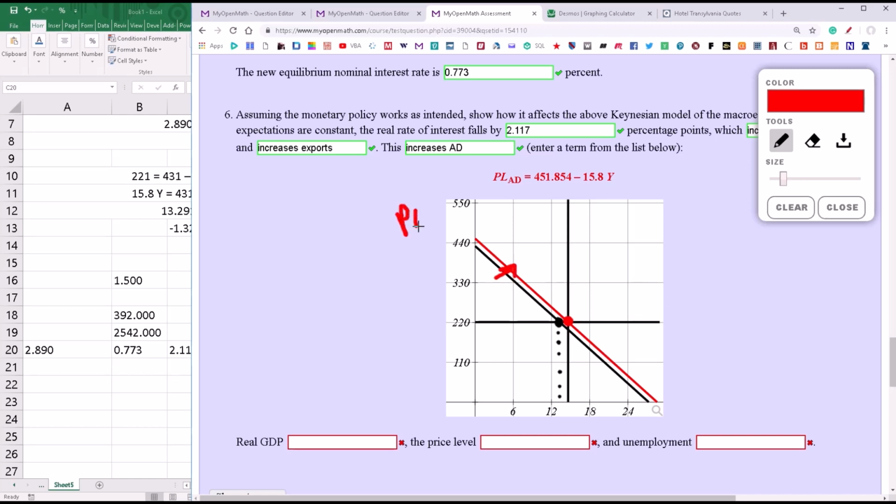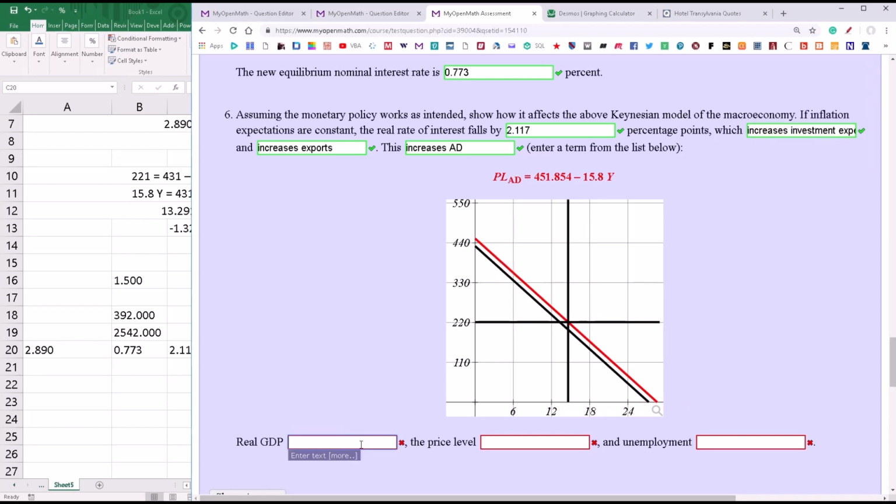Again, this is the price level. This is real GDP. And GDP increases, right? The price level is constant. You see that? The price level was 220 and now it's 220. But the unemployment rate went from high to low. So to answer these last few questions, real GDP does increase.